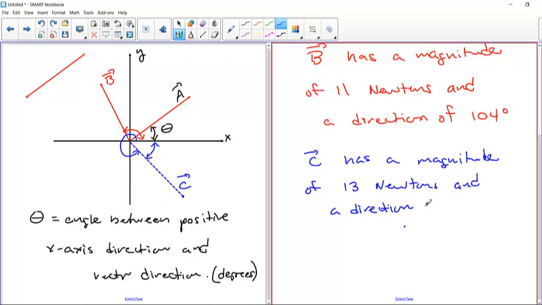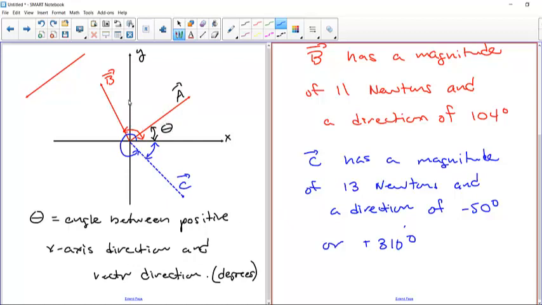We could say it has a direction of negative 50 degrees, or you could say it's positive 310 degrees. These have to add up to 360, so 310 plus 50 is 360. Okay, so that's how you define the angle, the magnitude and direction.